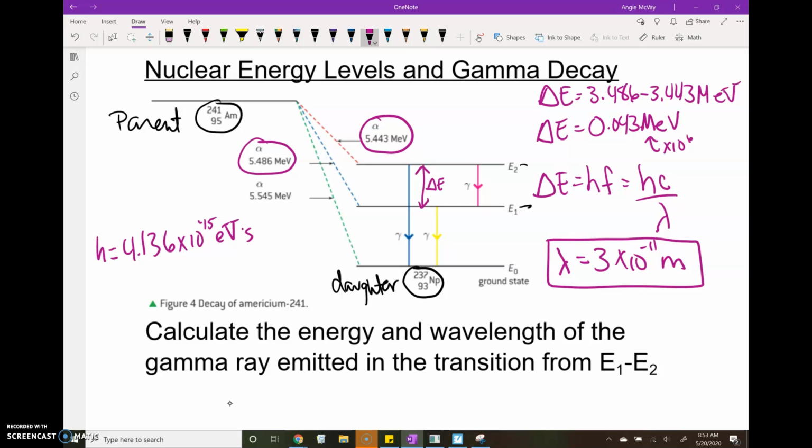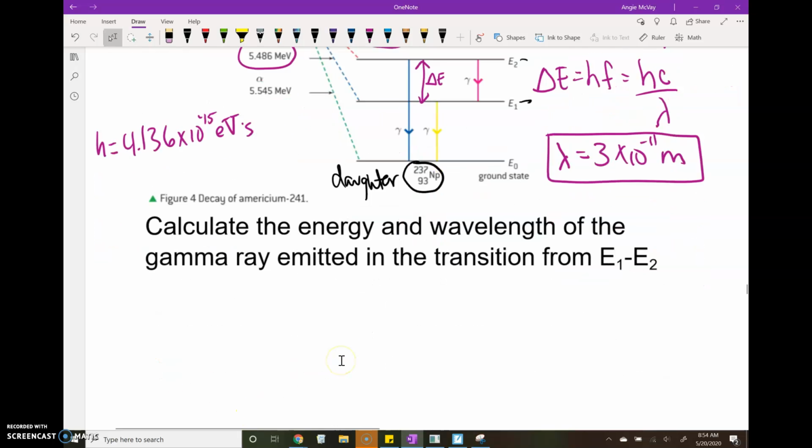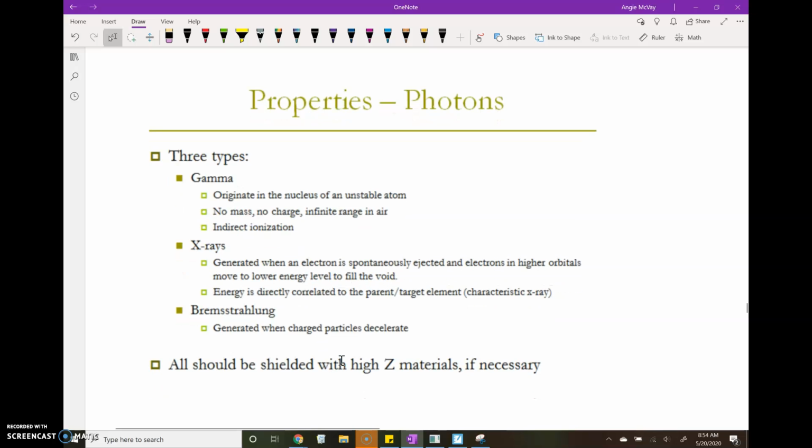And so this gamma decay has produced a wavelength that also happens to be in the gamma region of the electromagnetic spectrum. Okay. All right. Clear as mud. Cool.